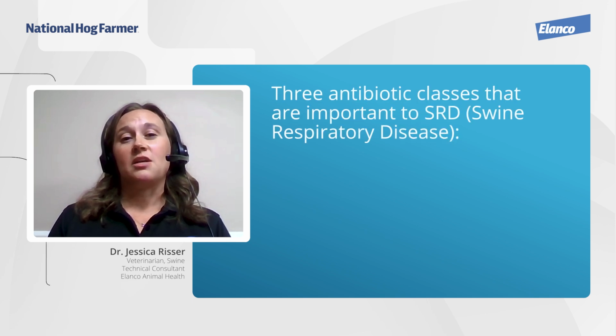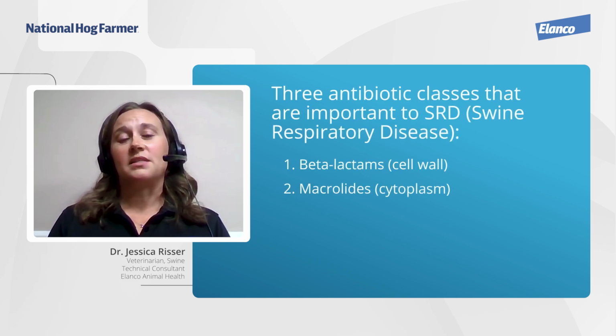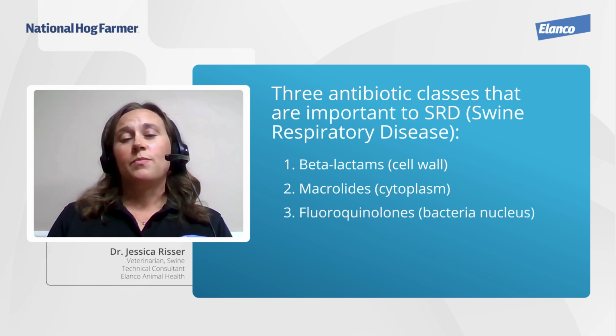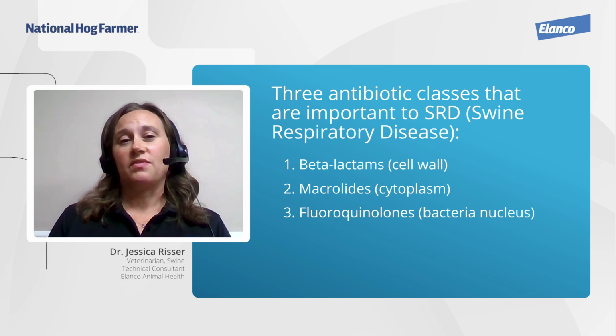So just using three antibiotic classes as an example, and we're using swine respiratory disease today as an example too. Three antibiotic classes that are important to swine respiratory disease are beta-lactams, macrolides, and fluoroquinolones. So beta-lactams will work on the cell wall and inhibit cell wall synthesis.